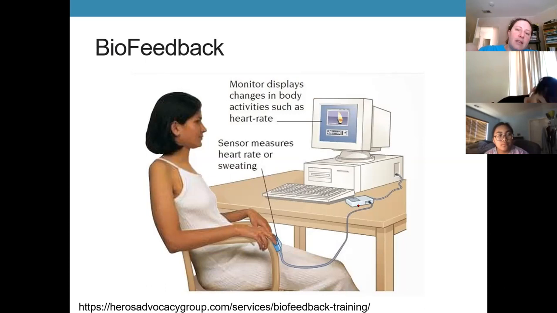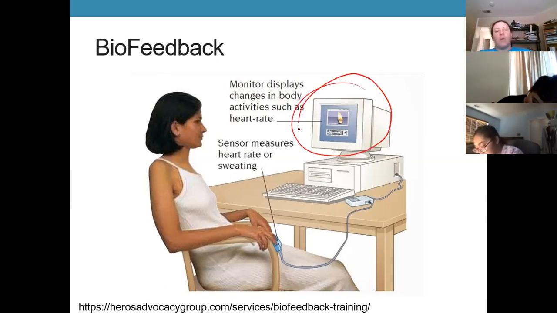So a lot of the things that people do, they learn how to alter their heart rate, or even their brain waves to some extent, by looking at measurements of their heart rate and learning how to control that. So that's in general called biofeedback. And some people, I think, really like it more than others. I don't know how important it is in the grand scheme of things, but it's certainly very interesting.